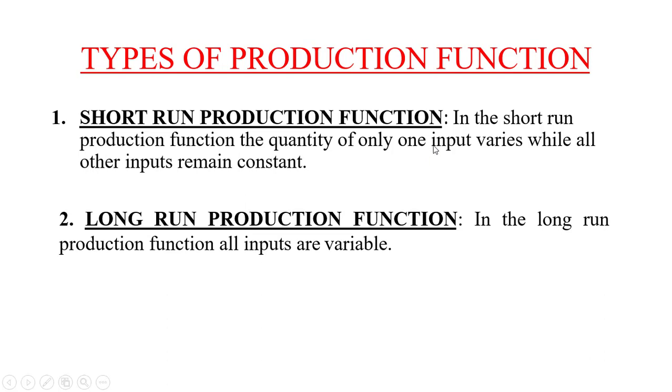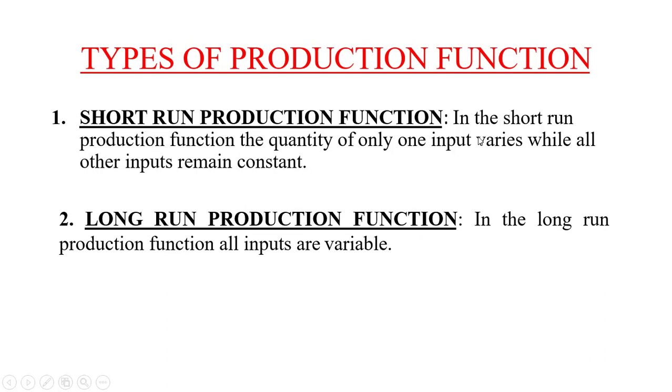Instead of two laborers you are taking three laborers, but the capital, that is the machine, will remain the same, that is three machines. Now in short run production function it happens this way, that is one input varies, other input remains constant. But in long run production function, all inputs are variable. All inputs are variable means you can change both the labor and the capital according to your need.